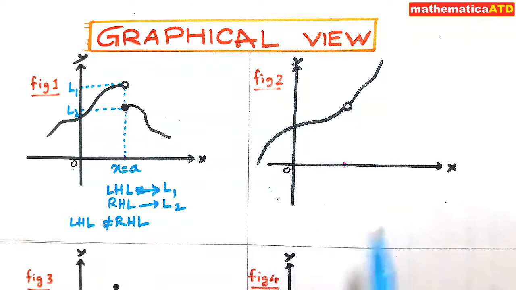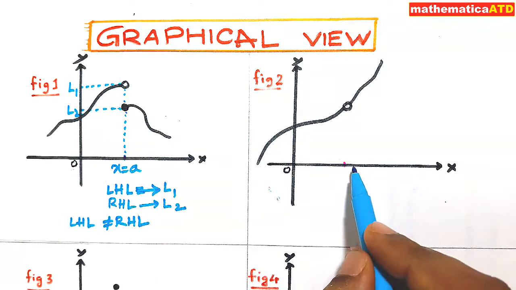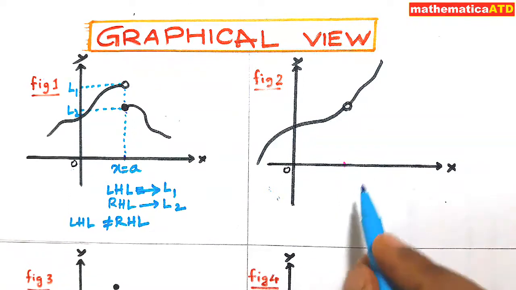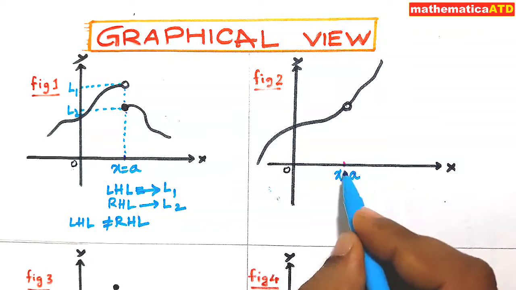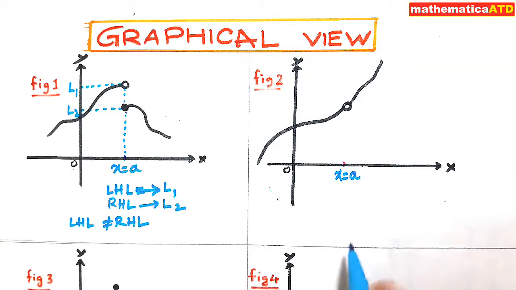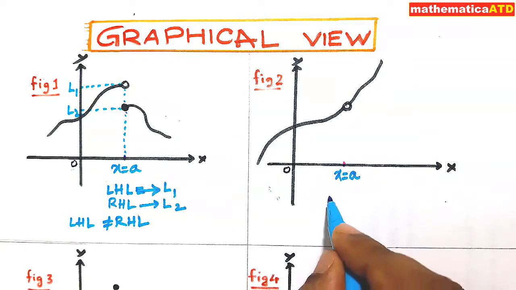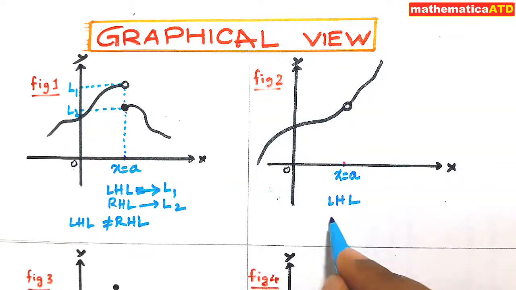Friends, we now go to the second figure. Consider again this point B, x is equal to A. We shall now draw the LHL and RHL both.